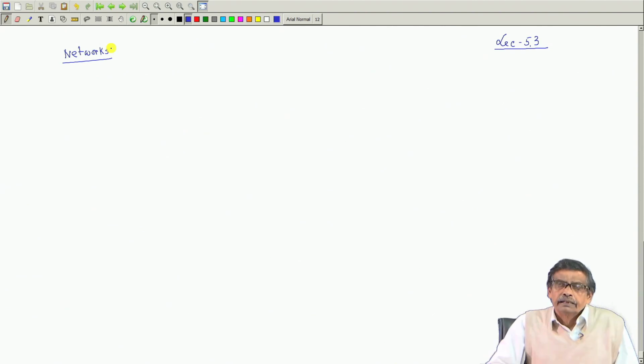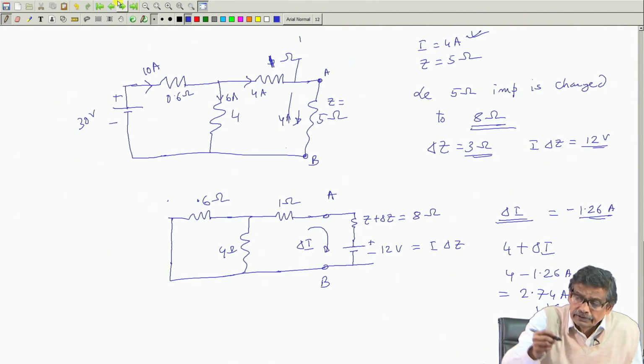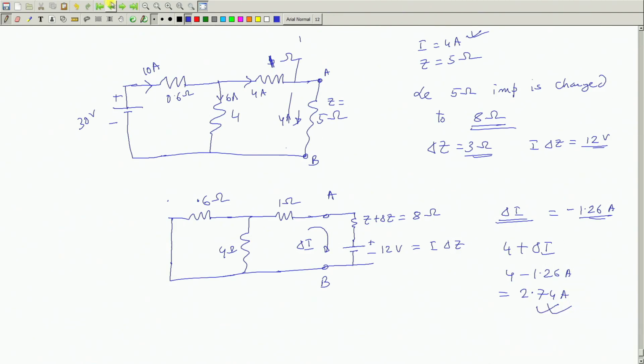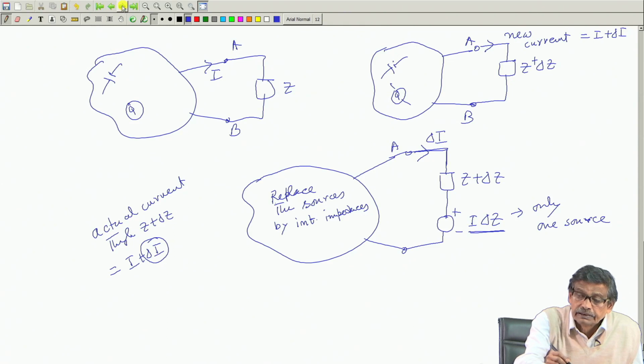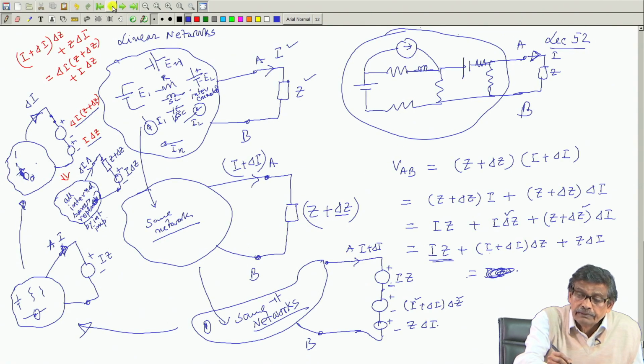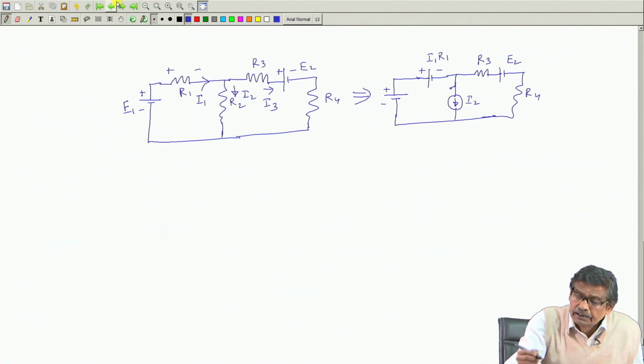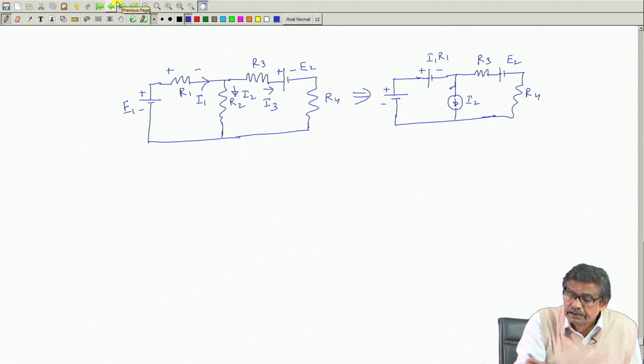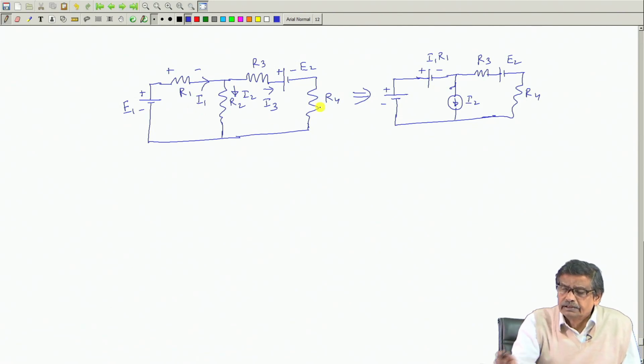We learned that. Then I told you another interesting observation about networks. Given a network, there will be several branches present in the network. For example, this network, this is the original network.